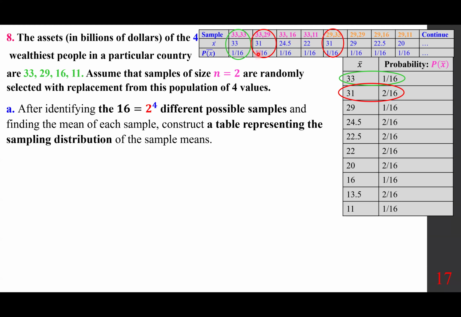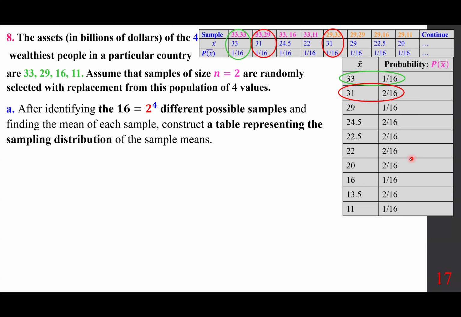So once happens here, once happens here, it is 2 out of 16, and the rest follows in the same manner. So if the number is itself, it's 1 out of 16, but for anything else, there are two possibilities. This is called the sampling distribution of X bar. This is the value of X bar, which is numerical, and the second column represents probability, and they must add up to 1, and they do.